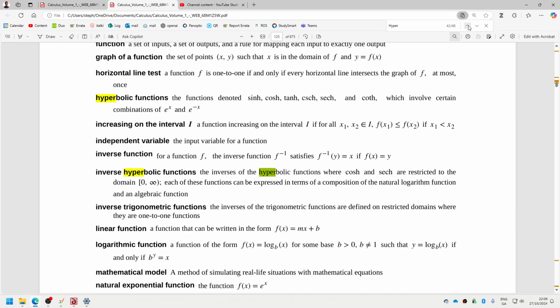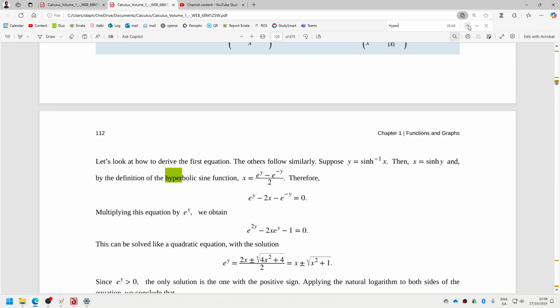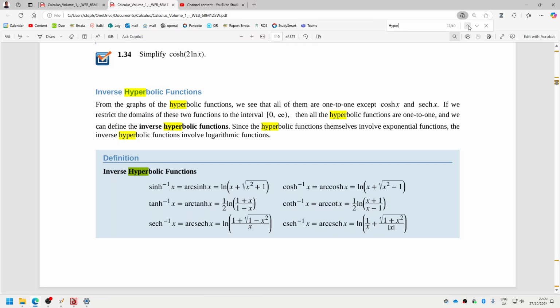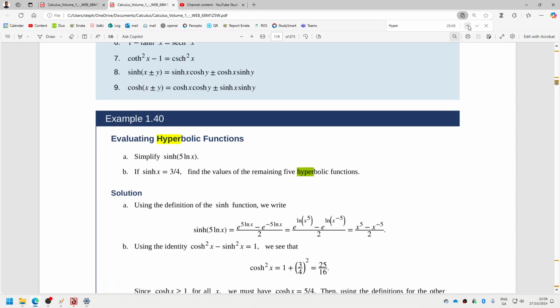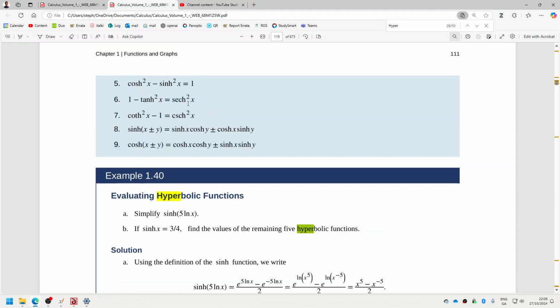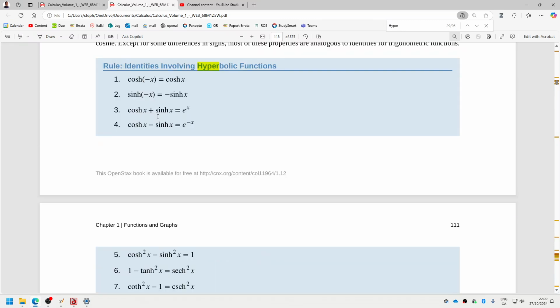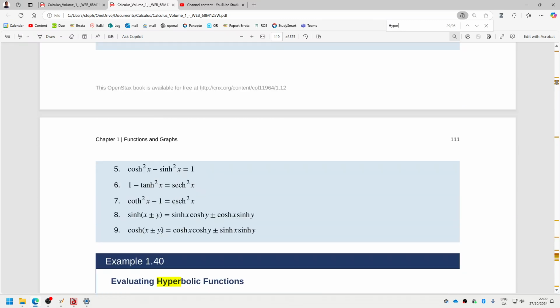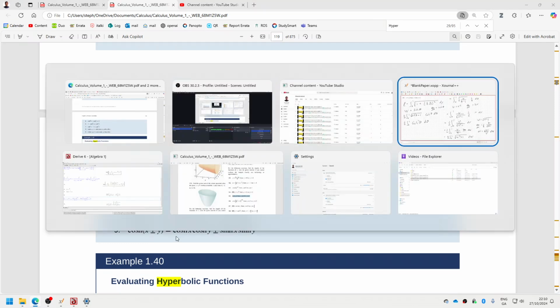I need some hyperbolic identities. The definition of the inverse functions. Here we go. I need a double angle one. Maybe this one here. And let's see.